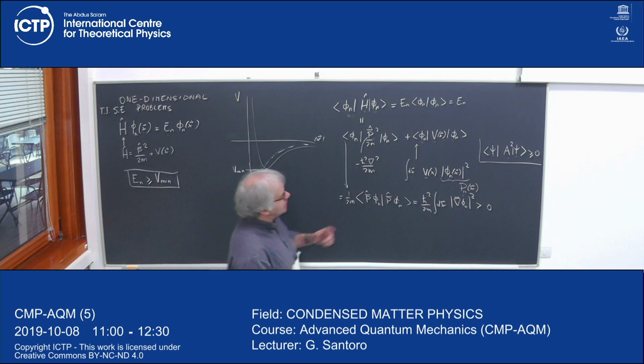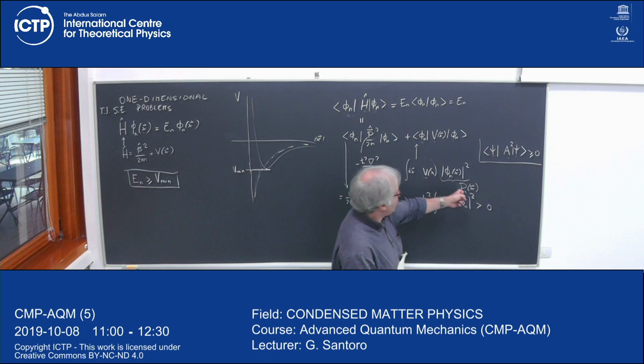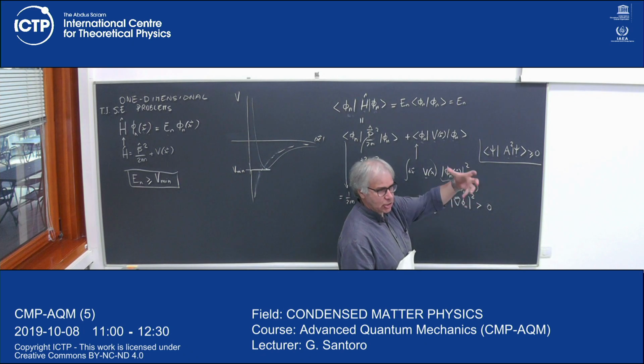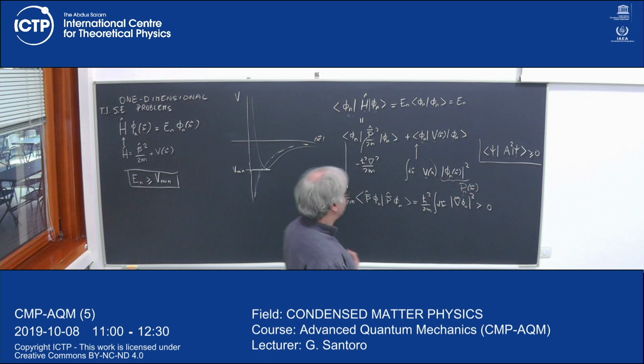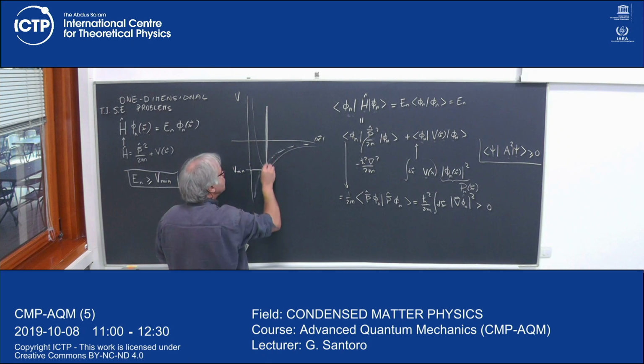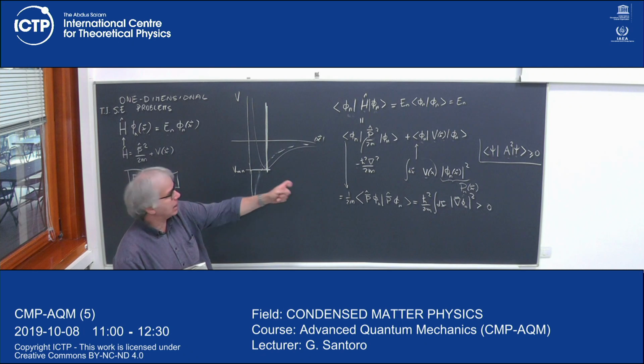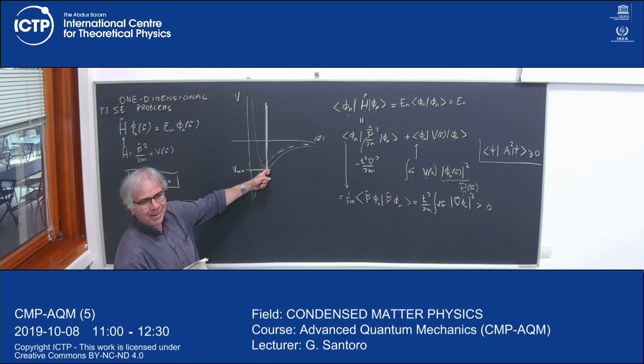Now, this is a kind of average value of the potential weighted with a probability distribution for positions. If the probability was all sitting in this point, a perfect delta function, I would obtain for that integral the value V min.